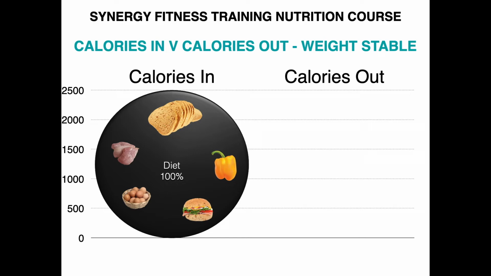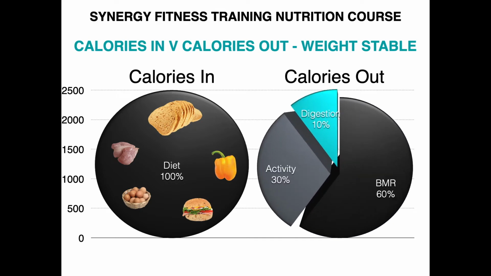We mustn't forget those. And as mentioned previously, this is why it's so very important to make good food and drink choices most of the time, because the caloric value and the amount of food and drinks we choose really does matter. So let's now look at the calories out section of this graph.